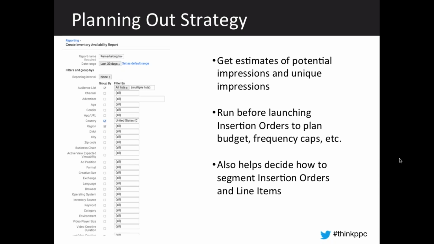And then by clicking the group by box for region, when I pull this report, it'll show how many impressions I should receive in the United States in this audience list, and then it'll be broken out by region. So I can see if, for example, California has a really large amount of available impressions, I might want to break that out into its own line item or insertion order.